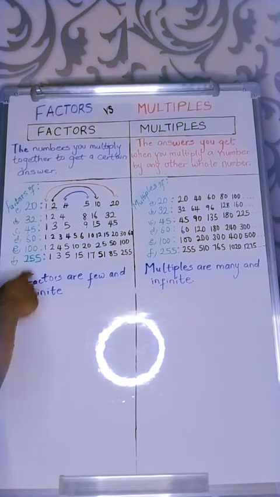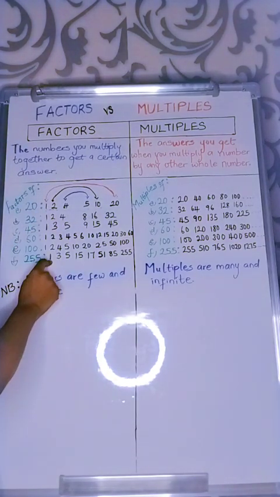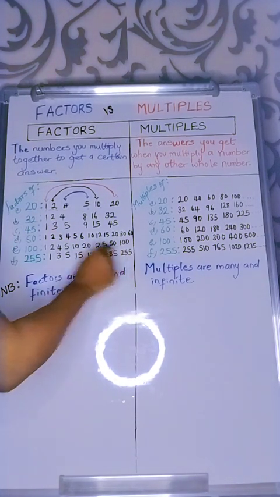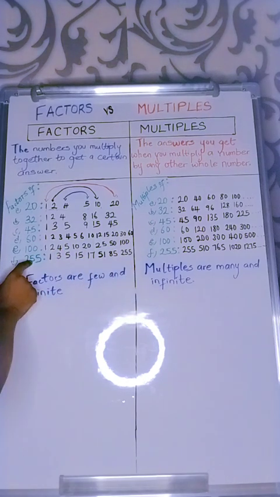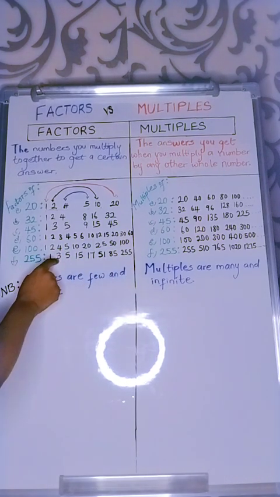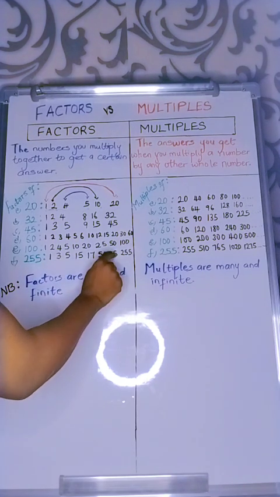So when we go to 255, factors of 255, we already know that 1 will be involved. 1 times 255 will give us 255. Another factor is 3. What will be multiplied by 3 to give you 255 is 85. So you write it down.